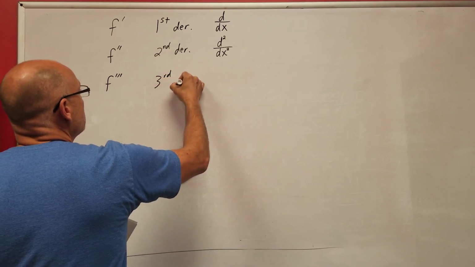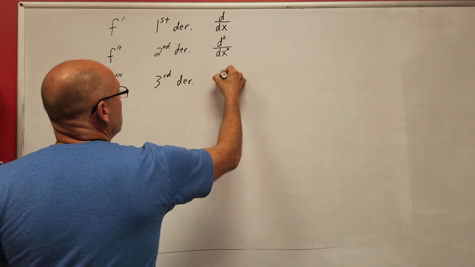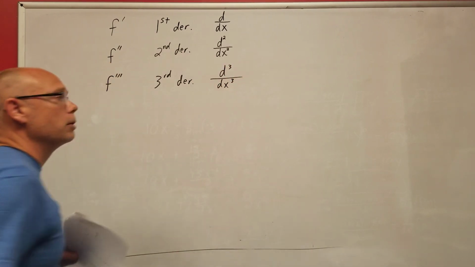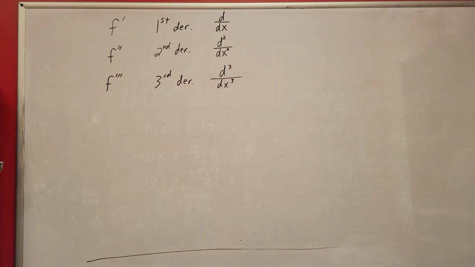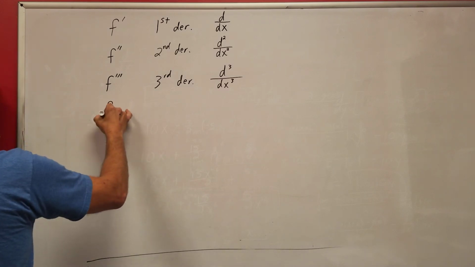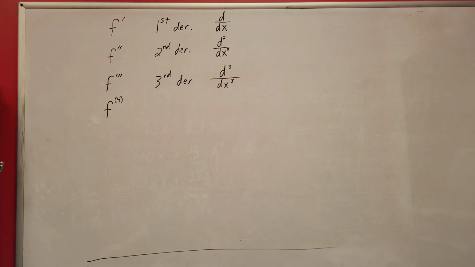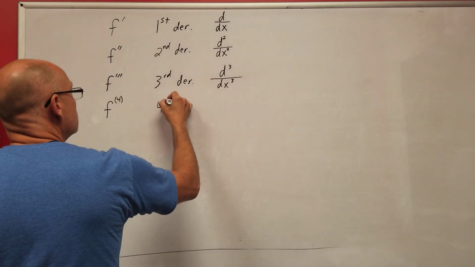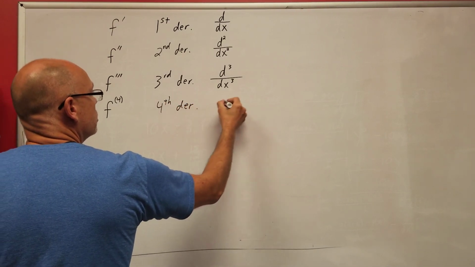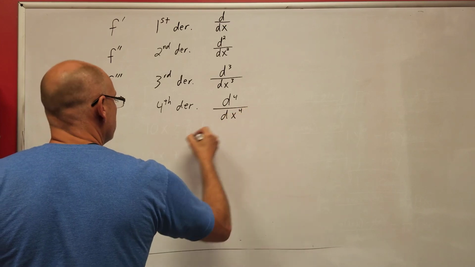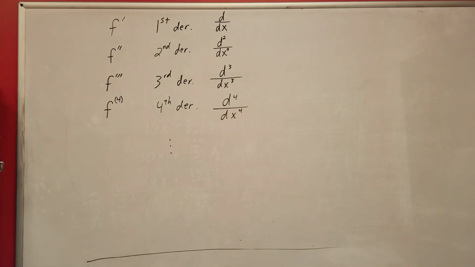That's going to be my third derivative, and the way I write that is like this, the third derivative with respect to x. Now, whenever we get to the fourth derivative and so forth, we start putting a number up here because it gets too cumbersome to count the little tick marks. So fourth derivative, and over here we denote it the same way basically. You just put a 4 and you keep going like this, okay?